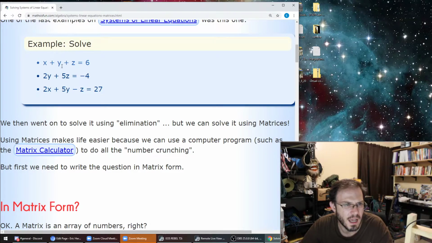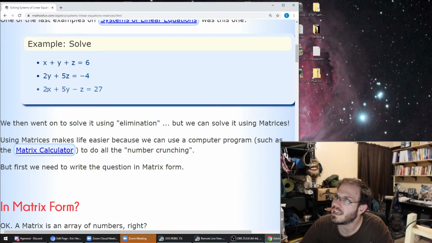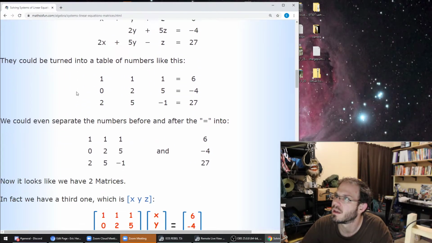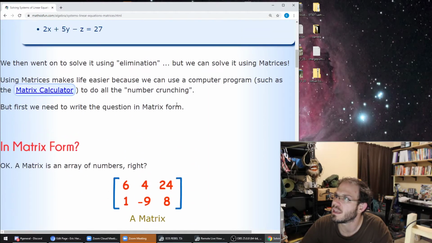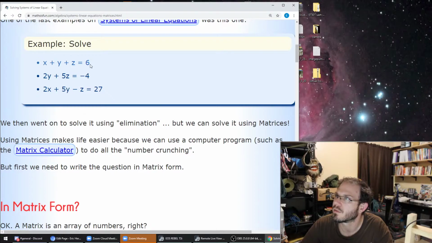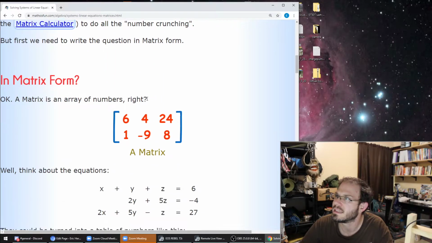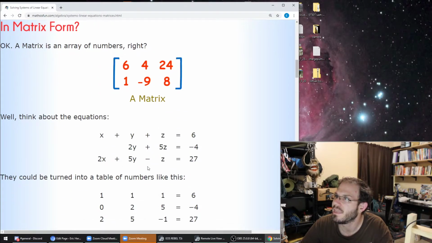But nevertheless, you line up your equations just as we did with the IAs and the IBs lined up like this, right? So we line all that up along with what's on the other side of the equal sign. So over here, 6, minus 4, 27, like this.